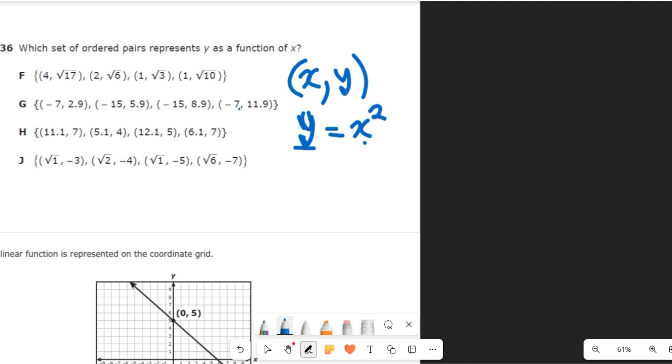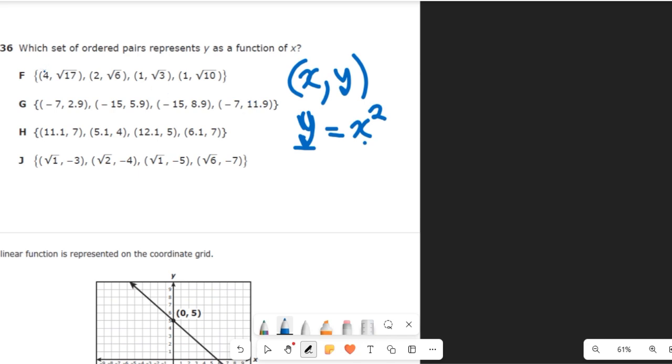Now, in the next question, we have 2 values of x, negative 15 and negative 15, minus 7 and minus 7. Now, do you notice something, that they have different values of y? If I input, for example, the value of -7 as an x, definitely I'll have a value for y, right? What if I still input -7 here?